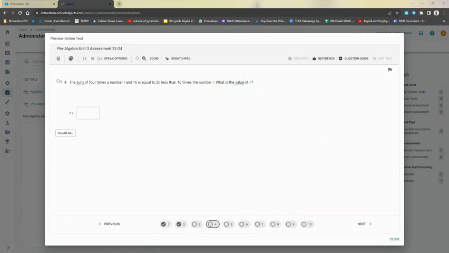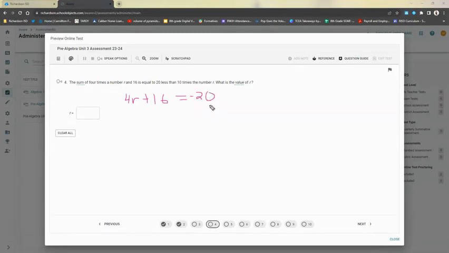All right. The sum of 4 times a number r, so r times 4, and 16 are equal to 20 less. So 20 less would look like this.